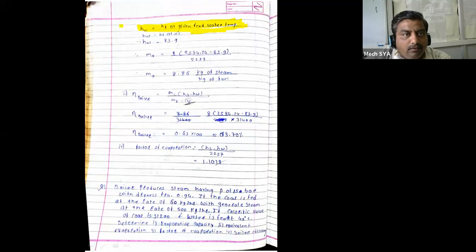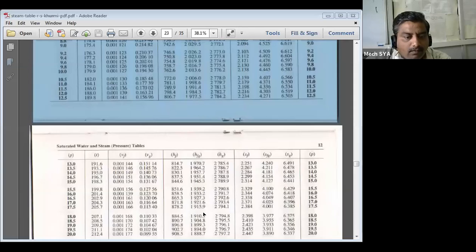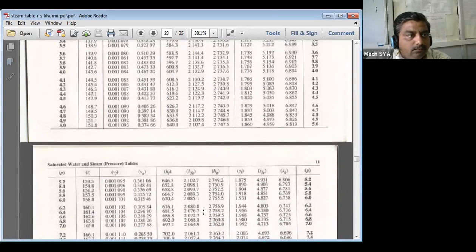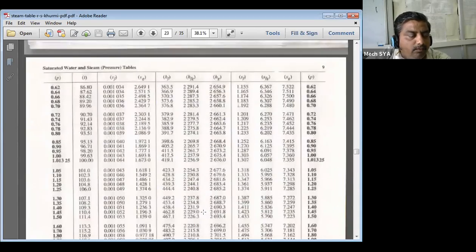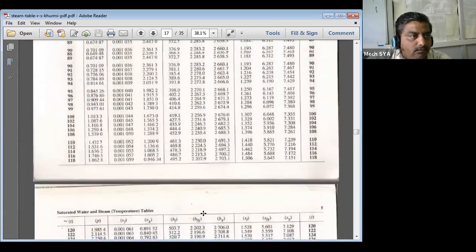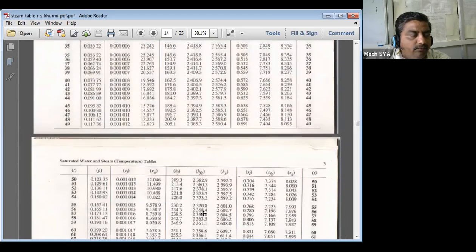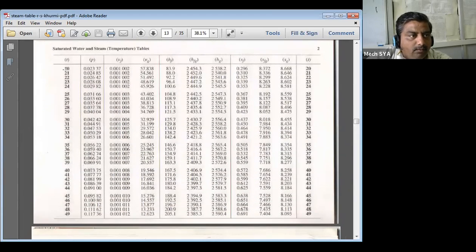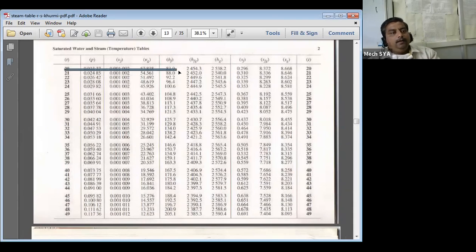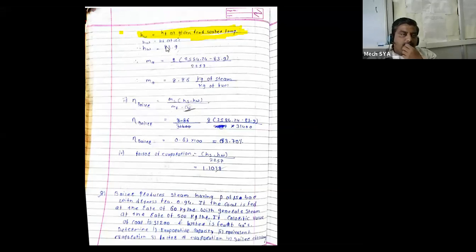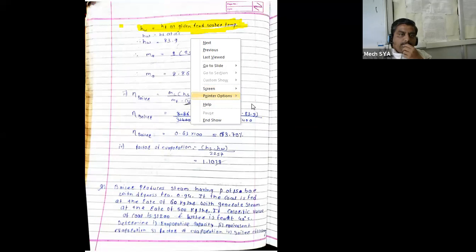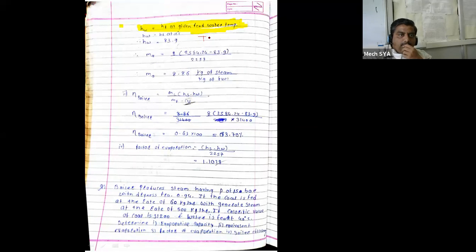So we have to go to table number 1, because the temperature is known. In table number 1, at a temperature of 20 degrees Celsius, we take the value of HF as 83.9.